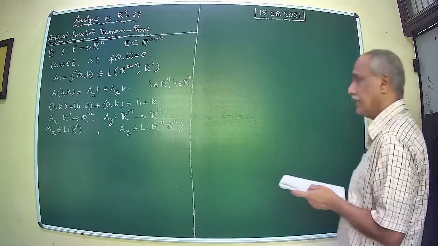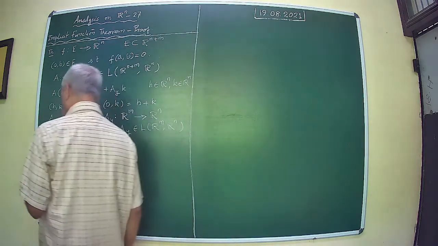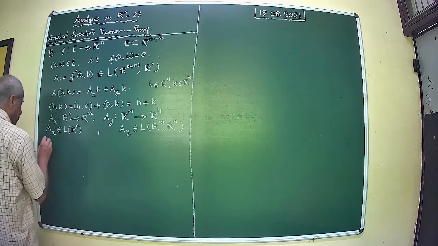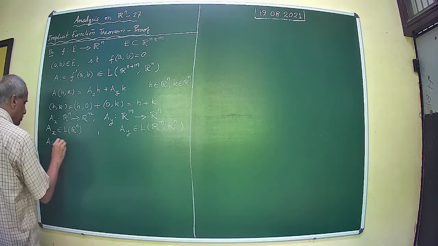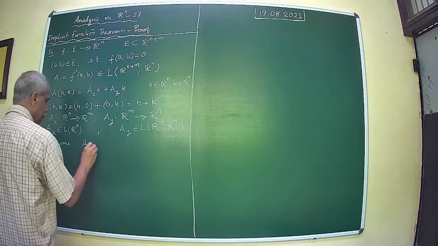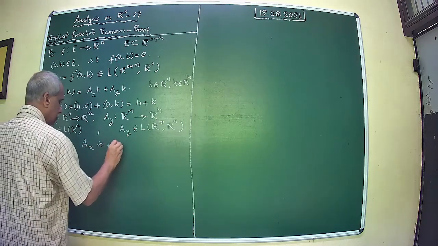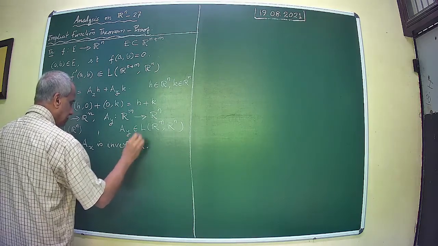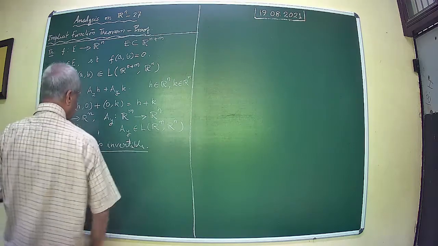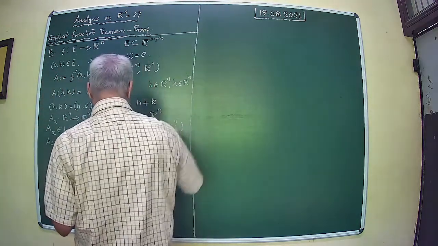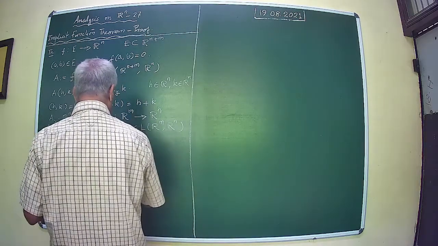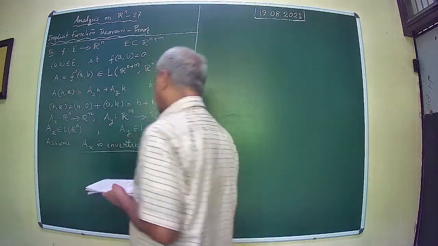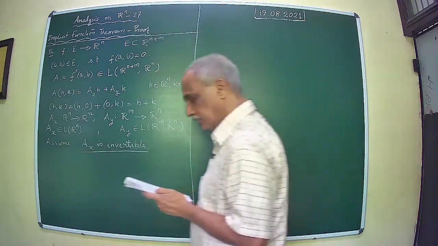Now what the theorem says is the following. We assume the following: assume A_x is invertible. This is one assumption that you make.